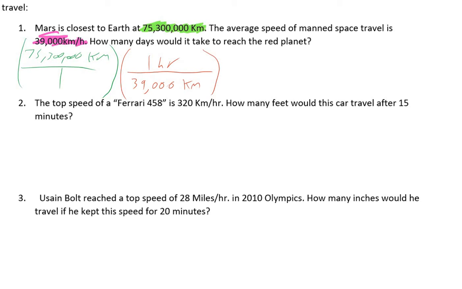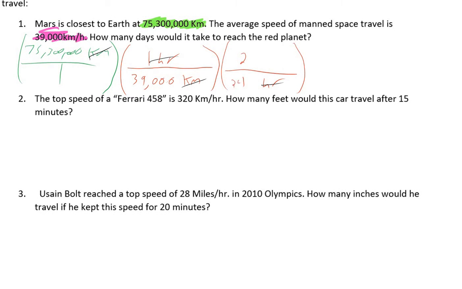And what we see is that kilometers cancels out, and we now have hours, but they're not asking for hours, they're asking for days. So we have one more rate that we need to put in, where we're going to see that hours is going to be on the denominator, so it can cancel out here. And we need to put something that's true, something that we know, and that is that it's 24 hours.